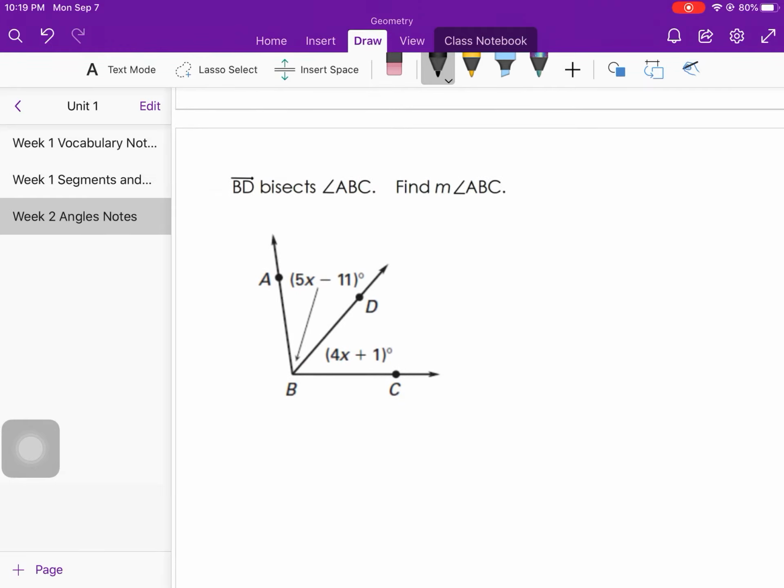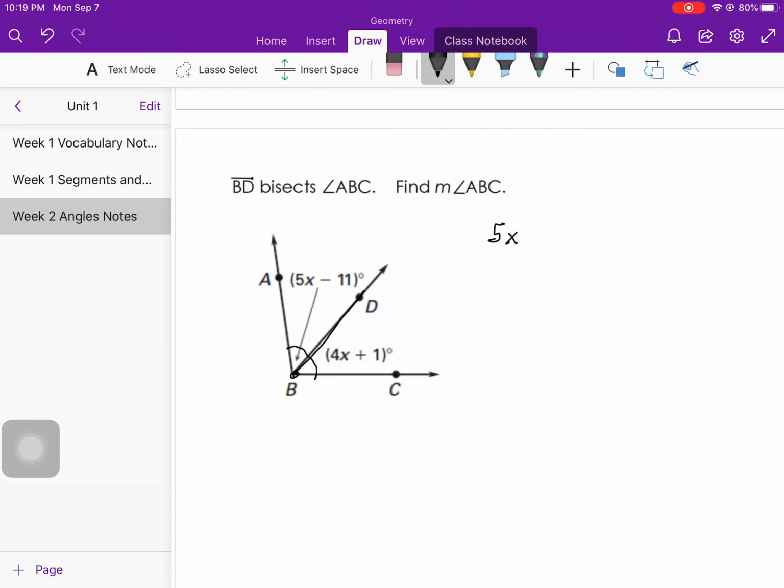Okay, so here it just tells us that ray BD bisects angle ABC. So this whole angle gets cut in half by this ray BD. So what that tells us is it cuts it into two congruent parts, and if two angles are congruent to each other, remember that they are equal.